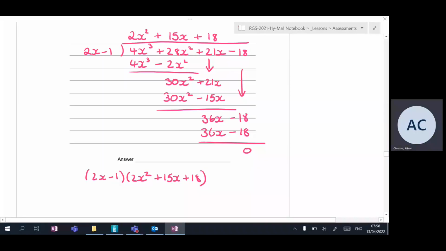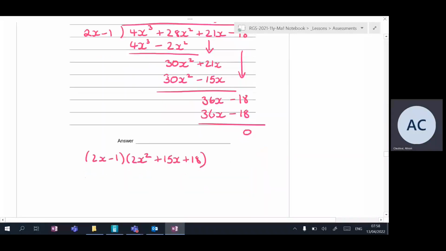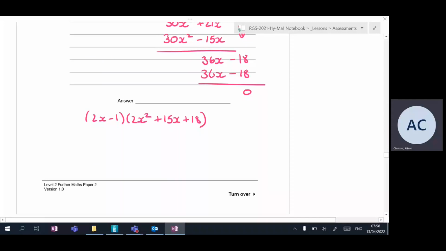Okay, but usually you'll also be able to factorise the other expressions. So this quadratic I can also factorise. Okay, so think about my factors of 18. What could I have? I've got 9 and 2, 9 and 2, 6 and 3.